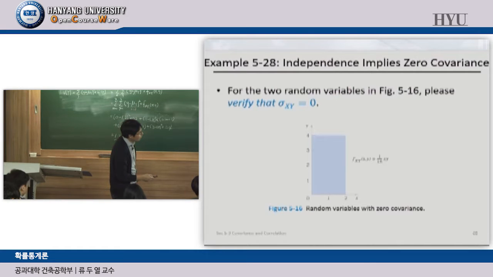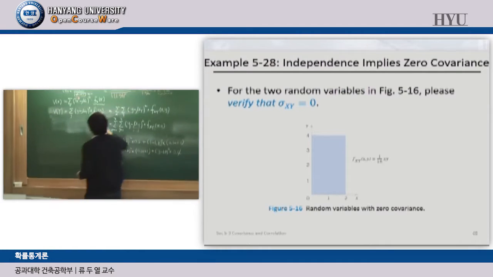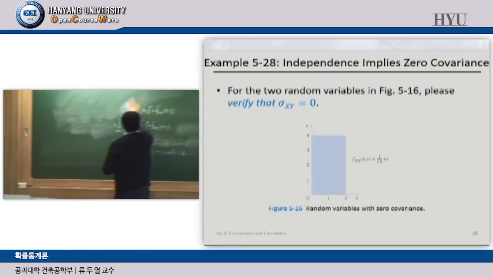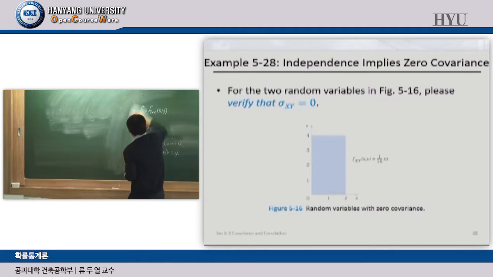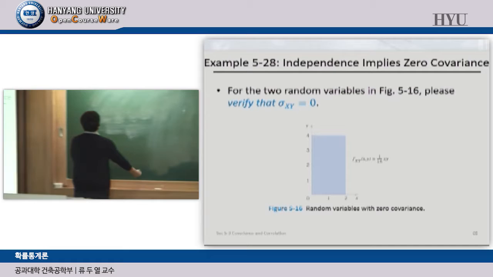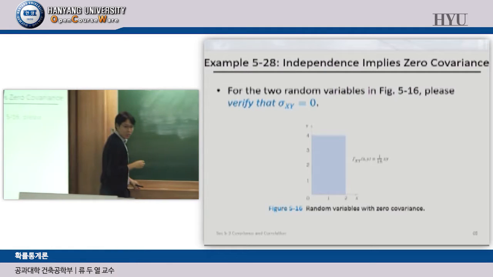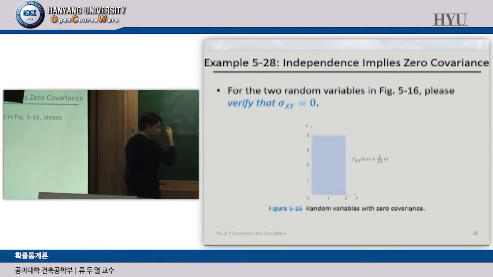And the joint probability density function fxy is equal to 1 over 16 by xy. So the question is that we have to verify the sigma xy is equal to 0, right? Because this is the independent case.